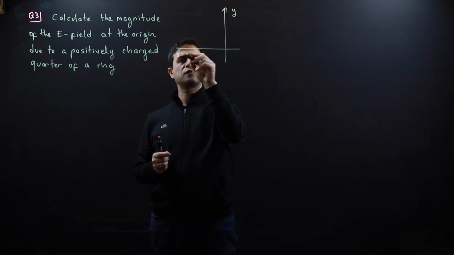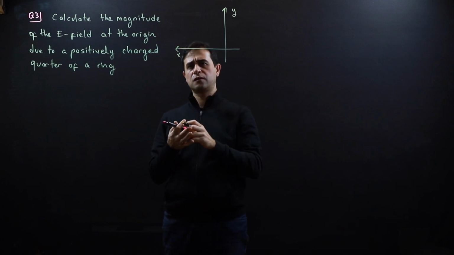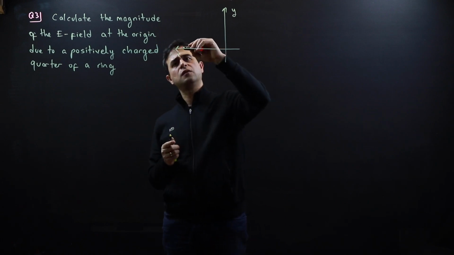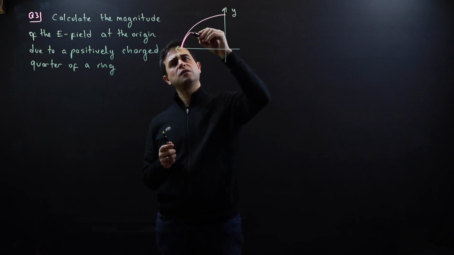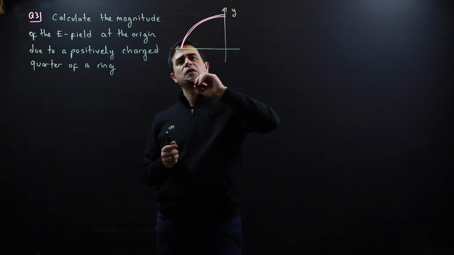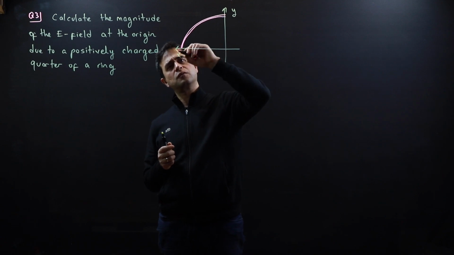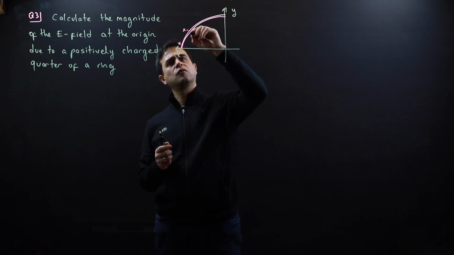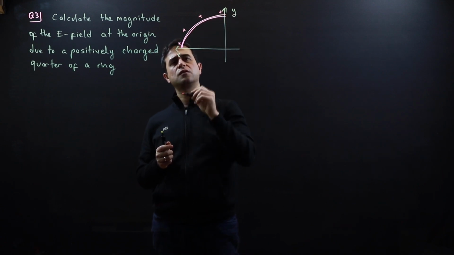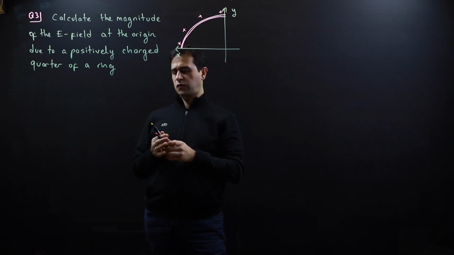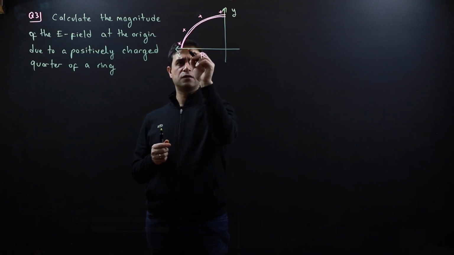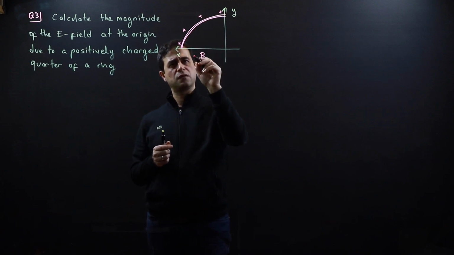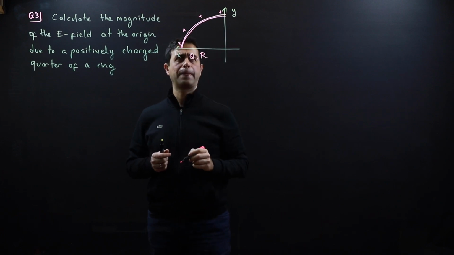Okay, so this is the y-axis and this is the x-axis. What we mean is a quarter of a ring, which is thin enough and positively charged. Okay, so like this. Positively charged here, where the radius of this thing is r, so that's r, and the charge of this whole thing is q, plus q.